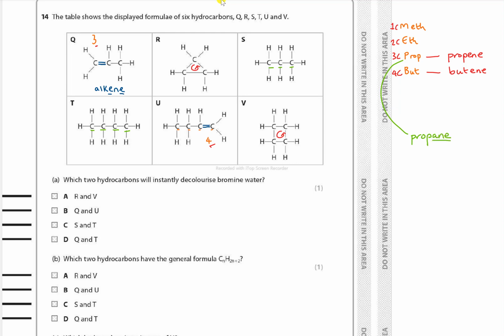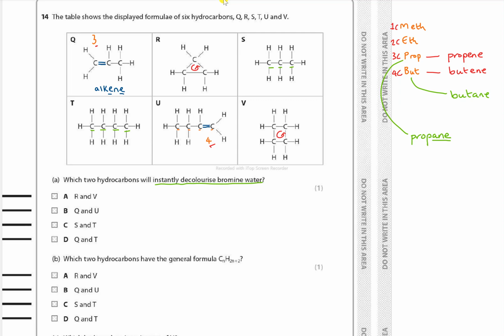It's an alkane, so you've got the ane, propane, and this will be bute and then ane. There you go. Right, which two hydrocarbons instantly decolorize with bromine water?